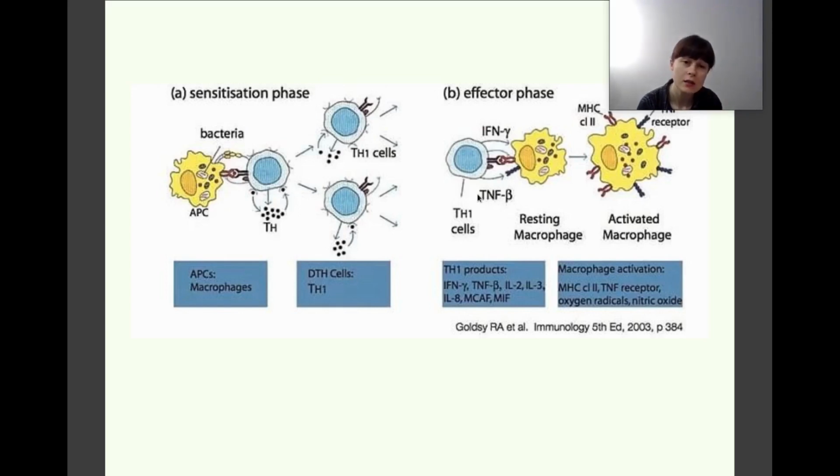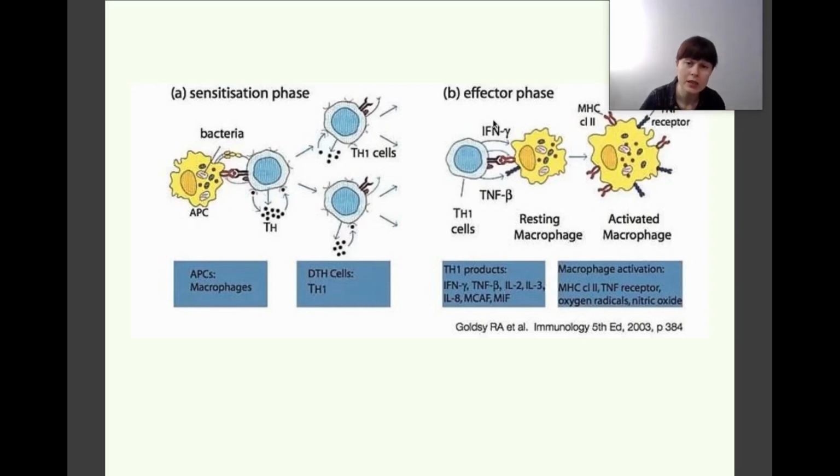During the sensitization phase, the antigen presenting cells like macrophages and dendritic cells process and present the antigenic peptides along with the MHC2 complex to helper T cells, to T0 cells, and T0 cells activate T helper cells. Most T helper cells in this case are Th1 cells.